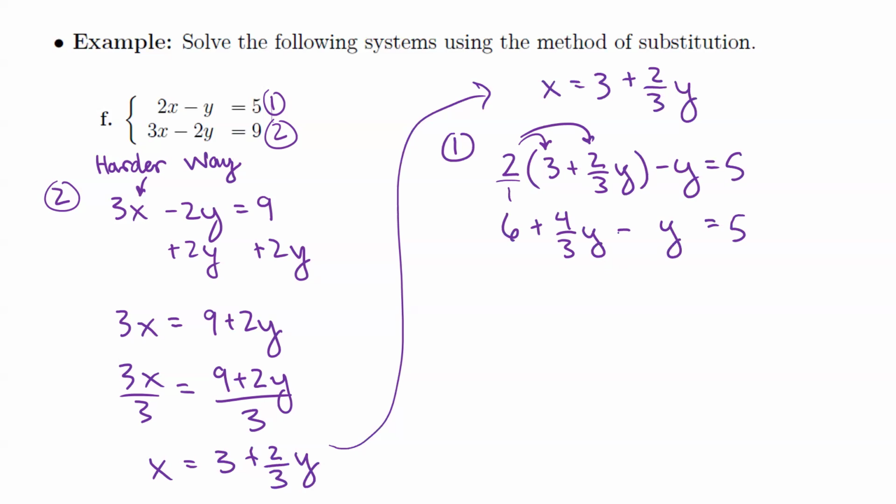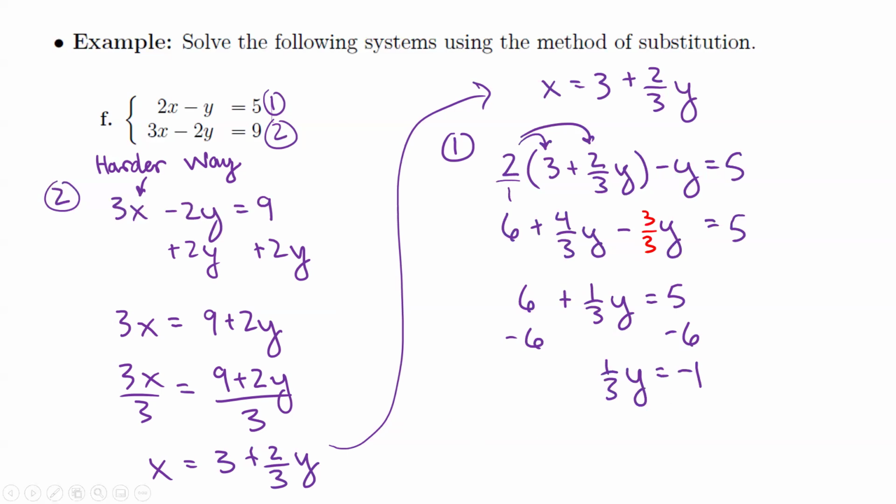So 4/3 minus 1y, well, that's the same as 3/3 y, right? So when I go to simplify this, it'll be 6 plus 1/3 y is equal to 5. Subtract 6, subtract 6. 1/3 y equals -1.